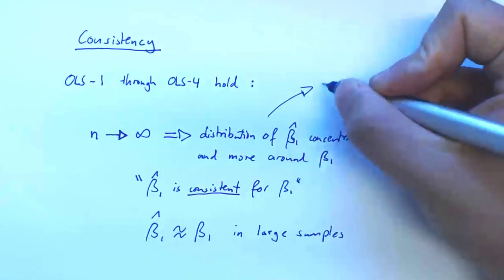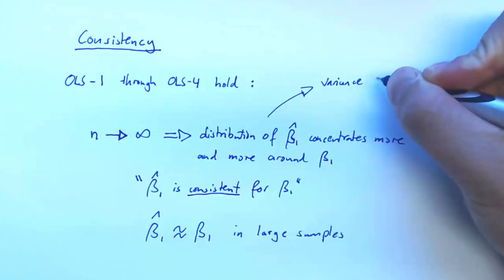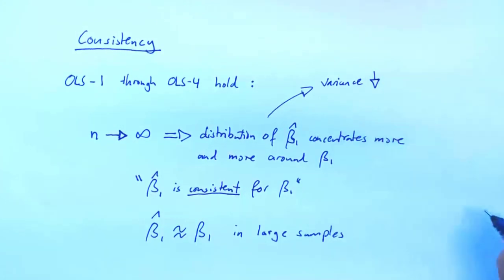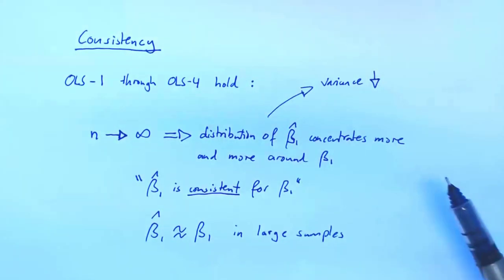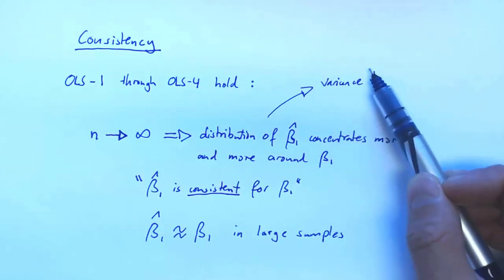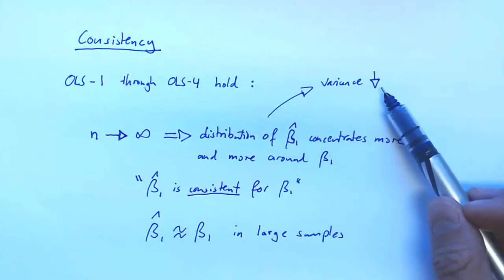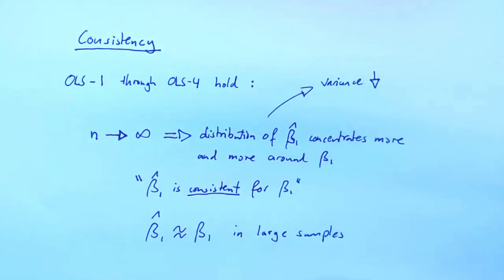So as the sample size increases, variance is decreasing. And so this is what we're going to do next. We're going to look at the variance in more detail, and we will be able to say more about the relationship between the variance and the sample size.